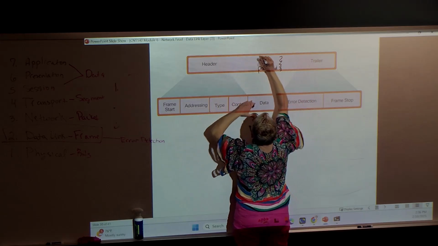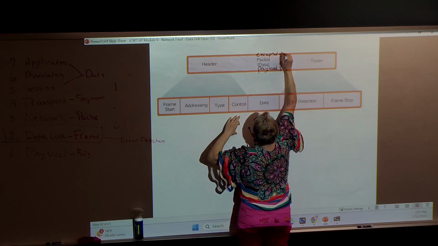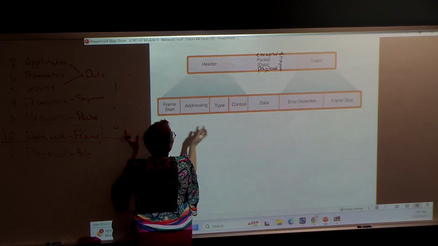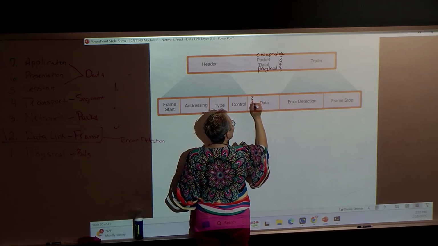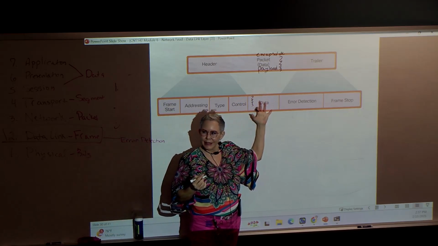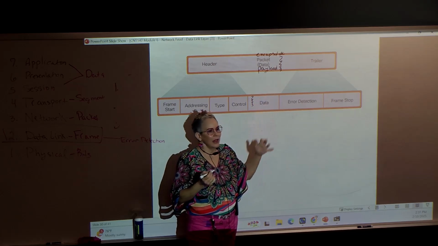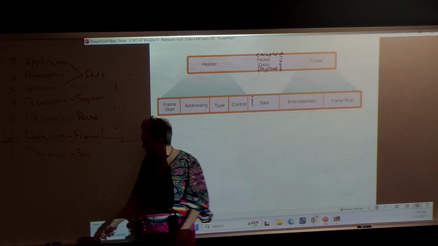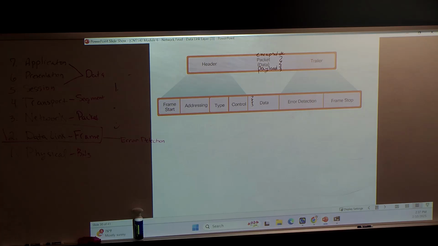Remember, it's getting encapsulated and pushed down until we hit the frame, and that data gets wrapped up. Does the frame know what it is? No, it doesn't know what it says or what's in there. It just knows that it's got some data, and its job is to move it across the media.